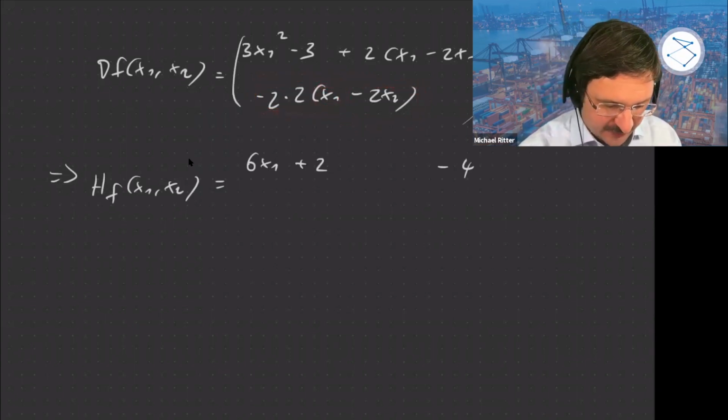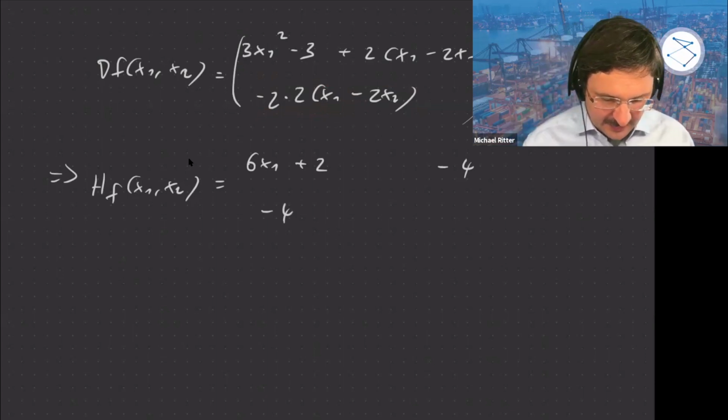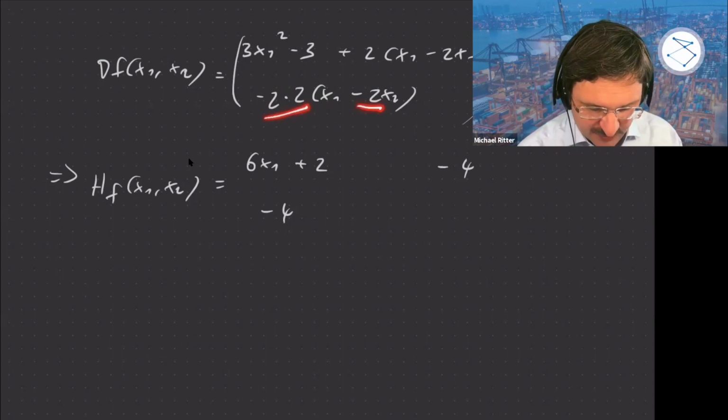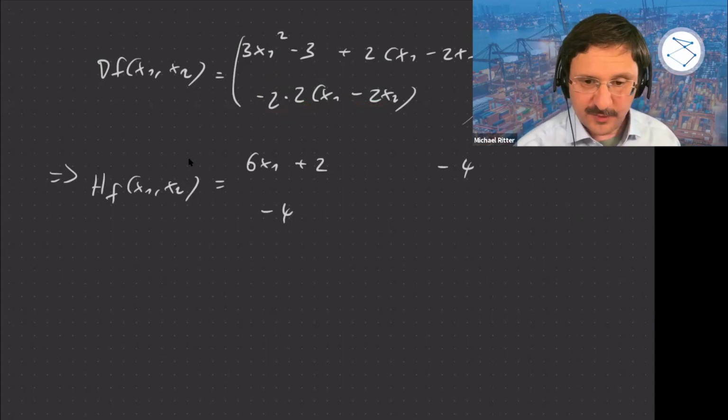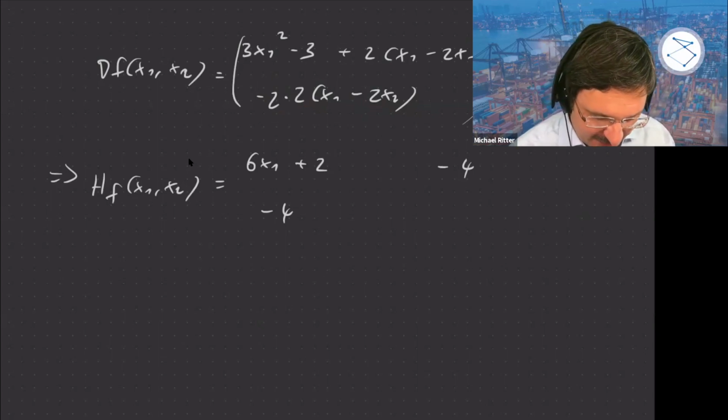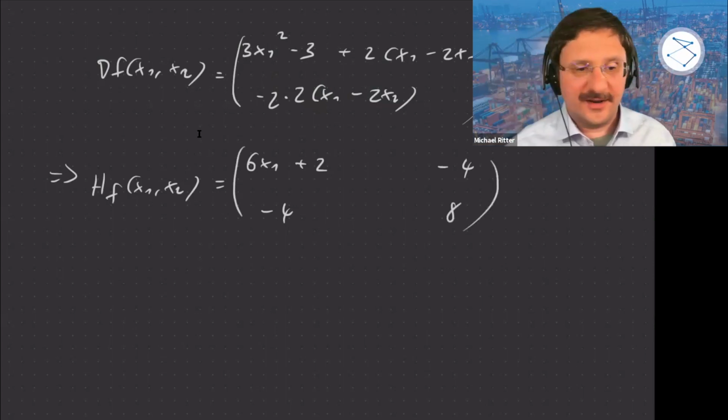That's just minus 2 times 2, so minus 4. And for the x2 term, we have minus 2 times 2 times minus 2, so that's minus 4 times minus 2, that's a +8. So the Hessian looks a little nicer.